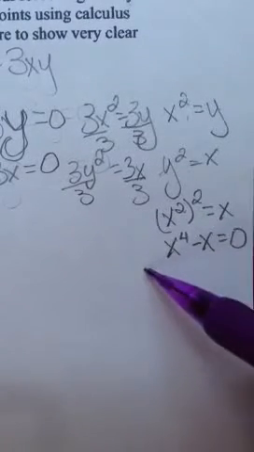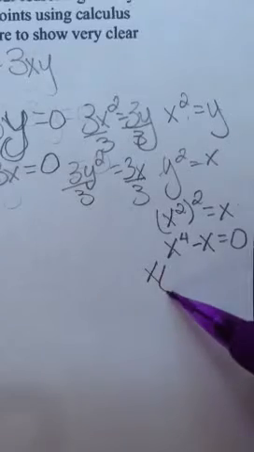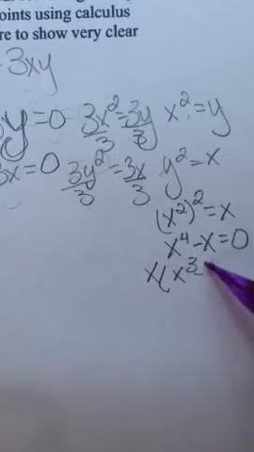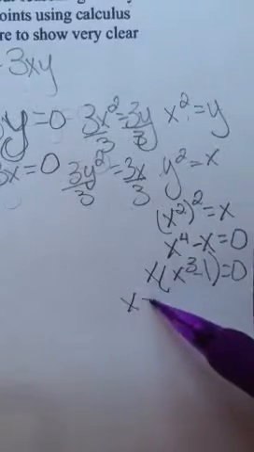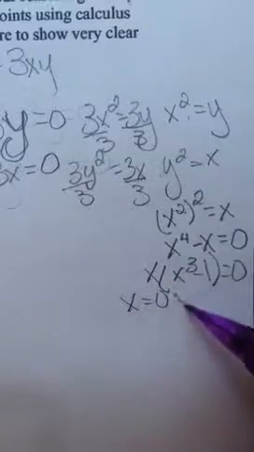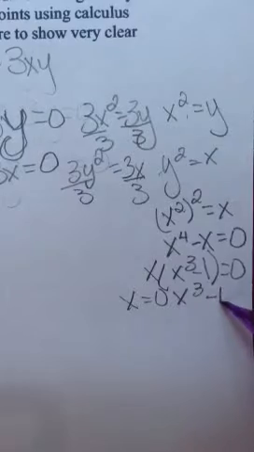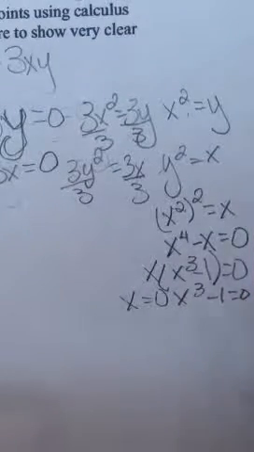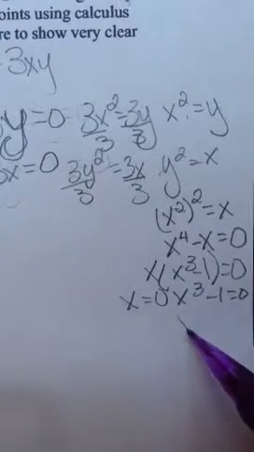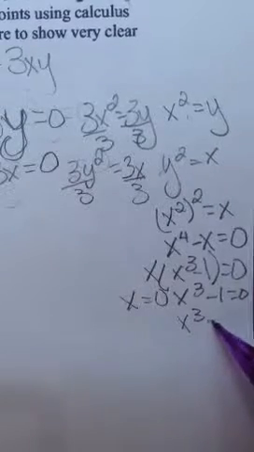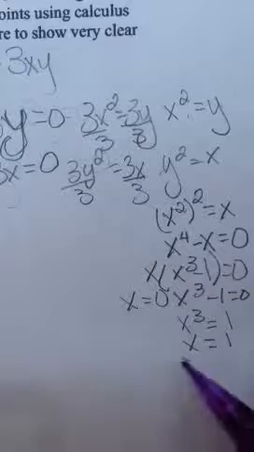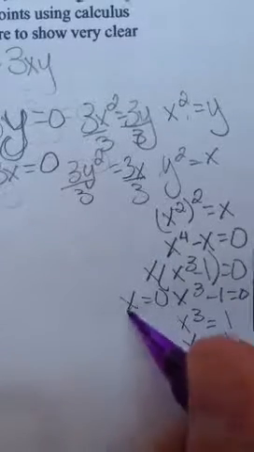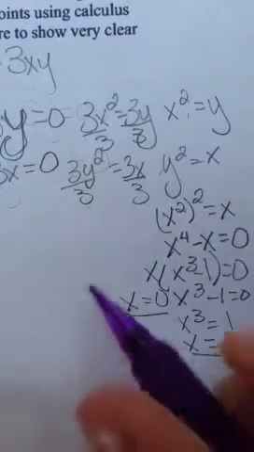So to factor this out, we can take one x out of it and do x times x cubed minus 1 equals 0, and then we get x equals 0, and x cubed minus 1 equals 0. For the x cubed minus 1, we add the 1 over, and then we end up with x equals 1. So our two x values are x equals 1 and x equals 0, and we'll plug those back in for y.